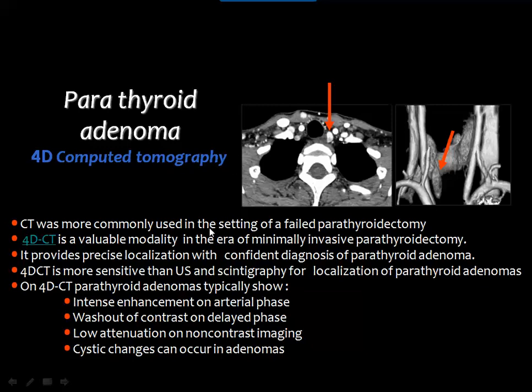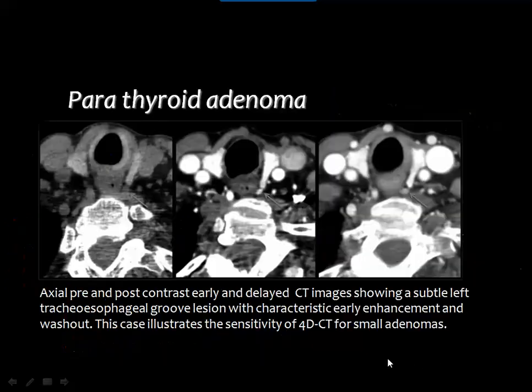One of the imaging tools nowadays is what is known as 4D computed tomography, and this is obtained by scanning the neck before injection of contrast material. Then we inject the contrast and obtain arterial phase images, and then we obtain the washout phase, or what is known as delayed phase scans.